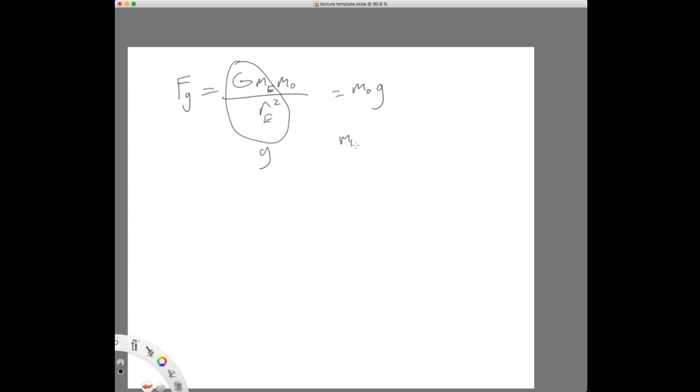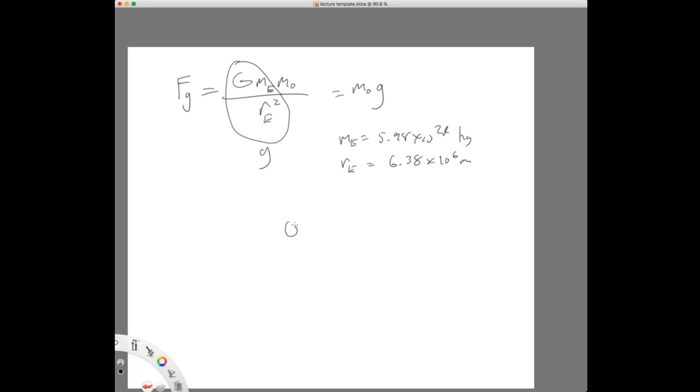The mass of the Earth is 5.98 times 10 to the 24 kilograms. And the radius of the Earth at the equator is 6.38 times 10 to the 6 meters.